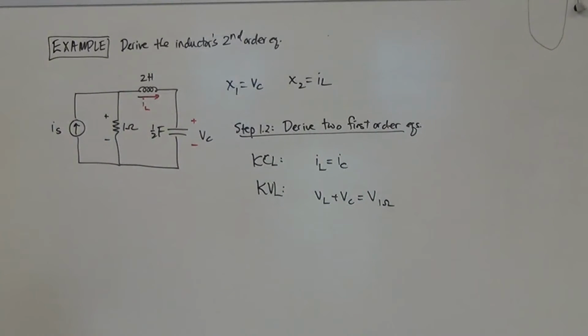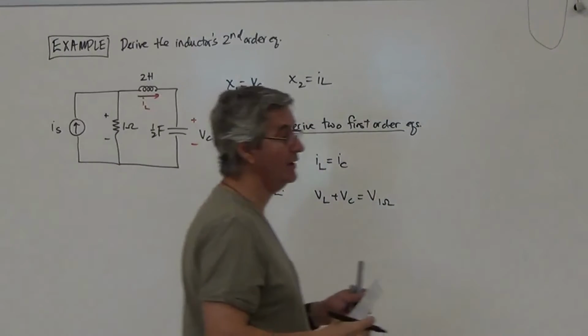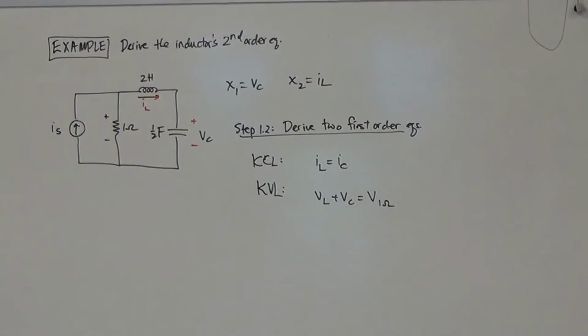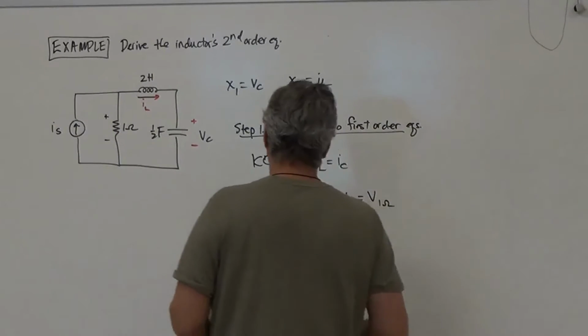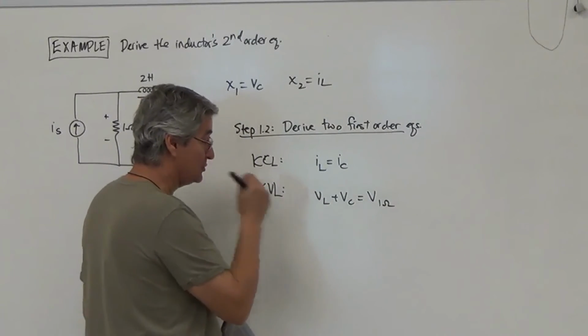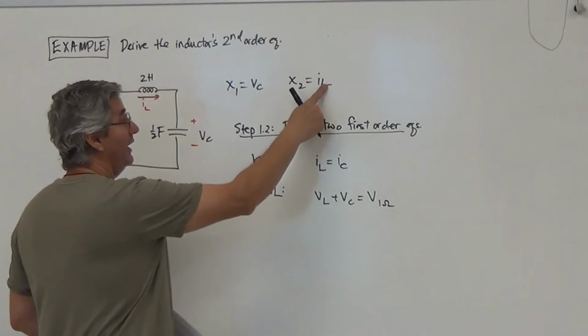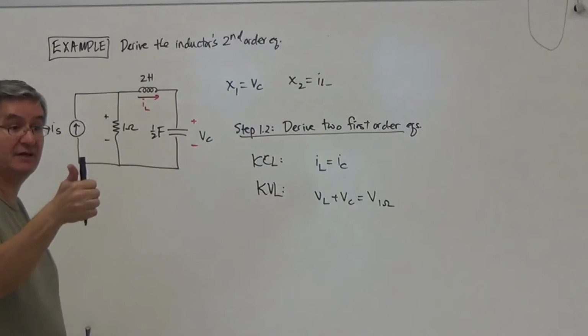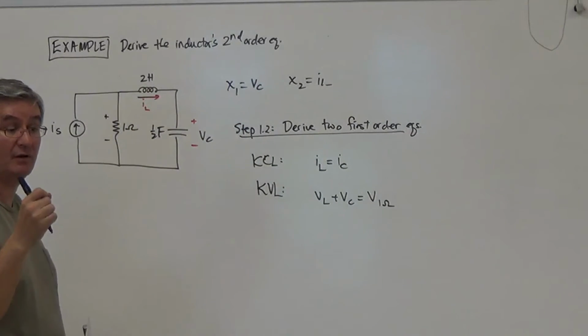Okay? Now what you go do here is rewrite all the resistor variables in terms of these things here. When I look at this one right here, I need to rewrite it in terms of either IL, VC, VL, or IC.